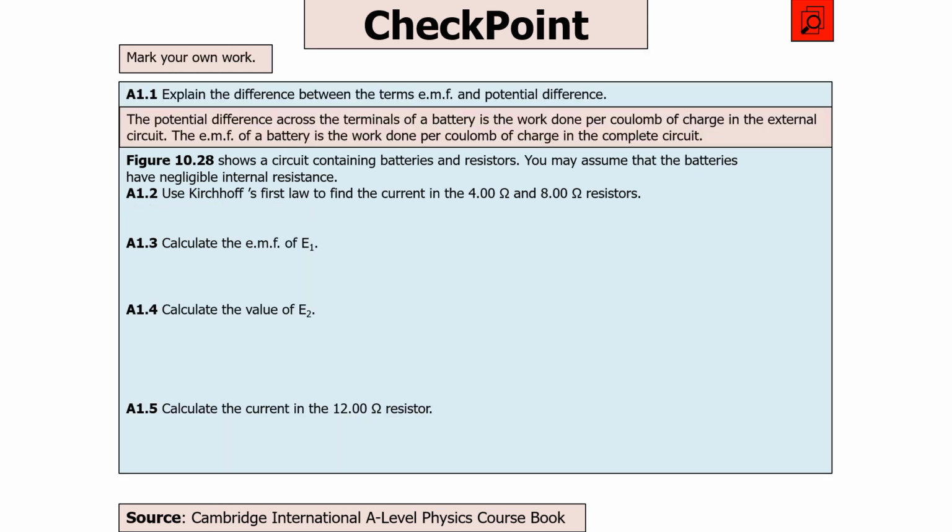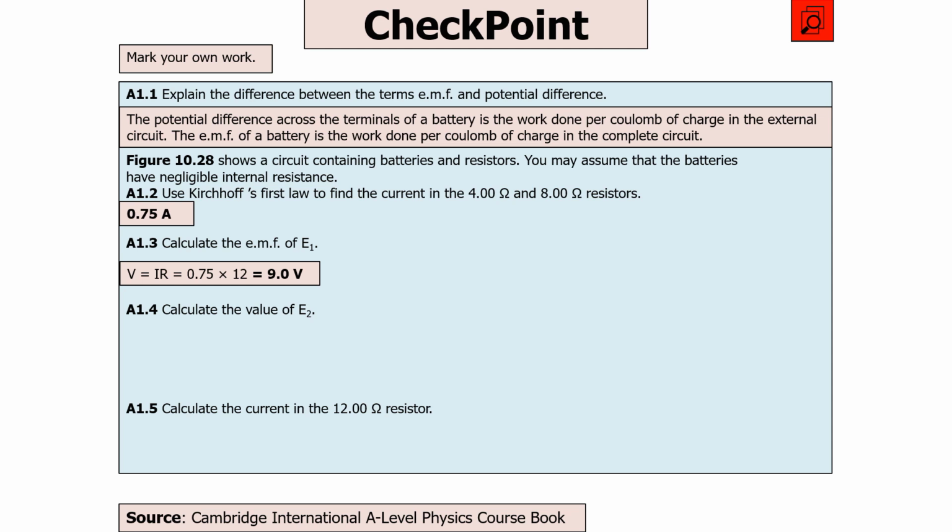Right, as we said before, the potential difference across the terminals of a battery, the terminal PD, is the work done per coulomb of charge in the external circuit, whilst the EMF is the theoretical work done per coulomb of charge that goes into the circuit. Now in this next one, if we look at it using Kirchhoff's law, it's 0.75 amps, and then the EMF of this circuit, V equals IR.